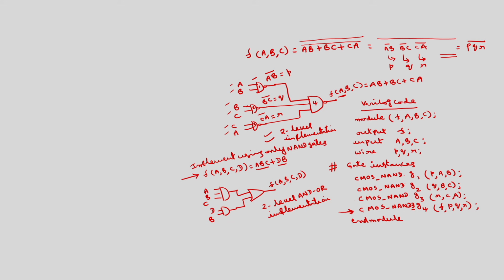So, you see the procedure, this is step 1. Step 2 is replace all the gates by NAND gates. So, you replace this by NAND, even OR by NAND, you will get the NAND implementation.